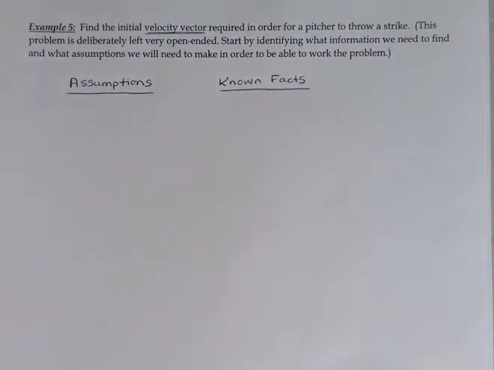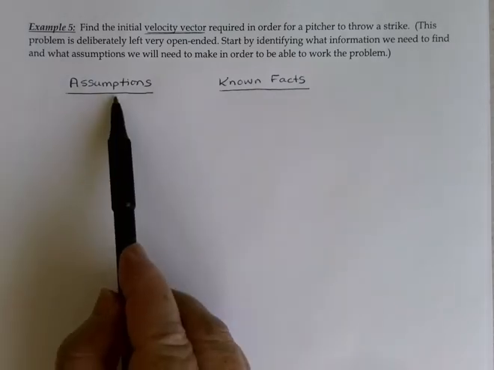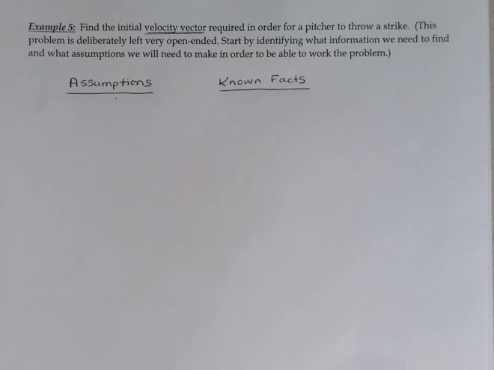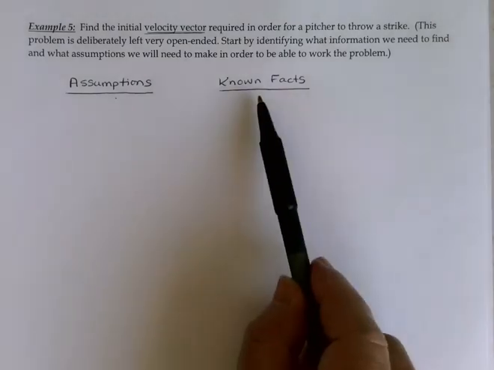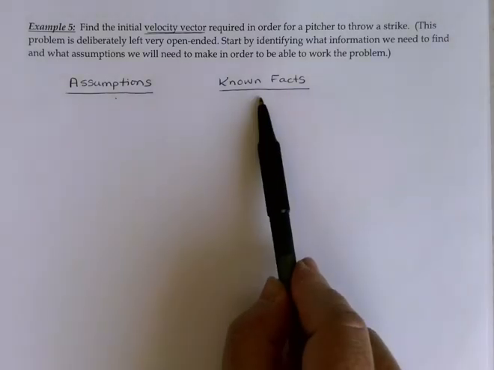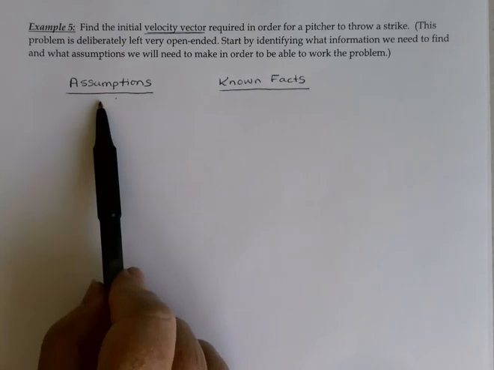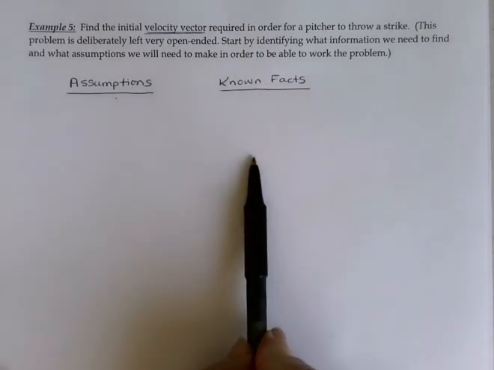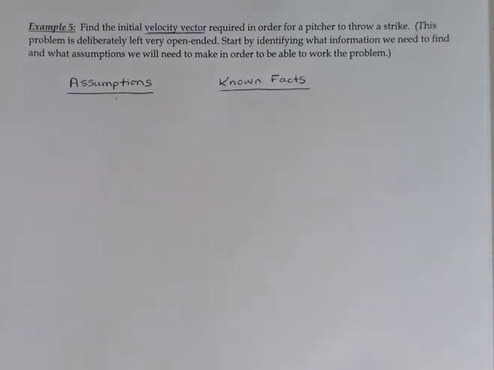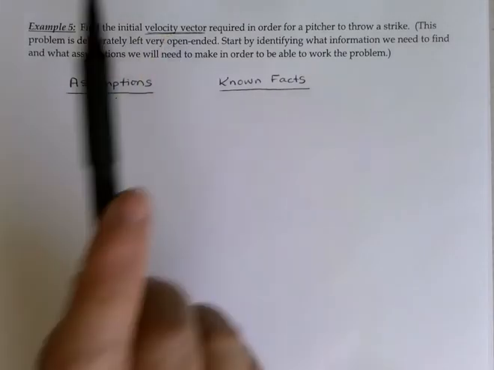So for example, one of your assumptions is going to be this is a high school ball player, or this is a professional ball player, or whatever you want to assume. Known facts might be things like the distance from the pitcher's mound to home plate, things like that. Okay? So make a list of assumptions and known facts, and then just go ahead and put the information in and solve this problem. Again, I'd like your final result to be an actual velocity vector.